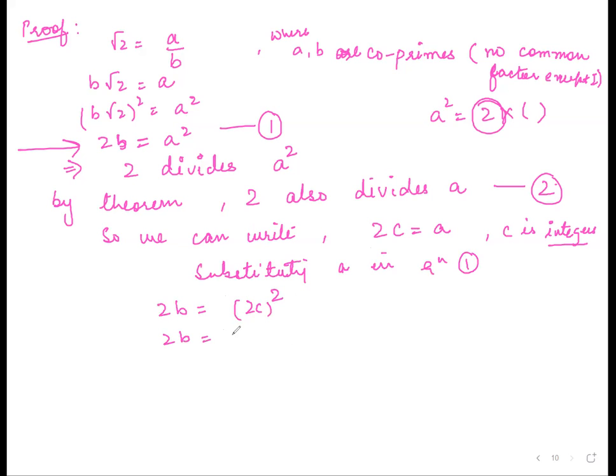So 2B is equal to 4C square, or my B square, sorry. Oh, it was 2B square in the formula. I'm just sorry. Please correct it, because I have done whole square. So it will be B square, right? So B square is equal to 2 into C square.